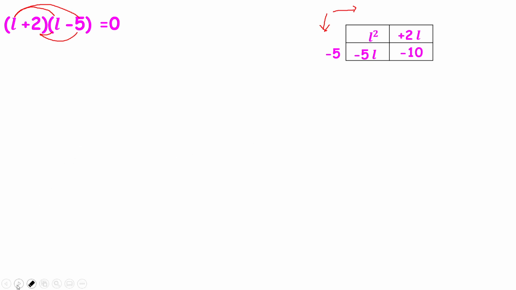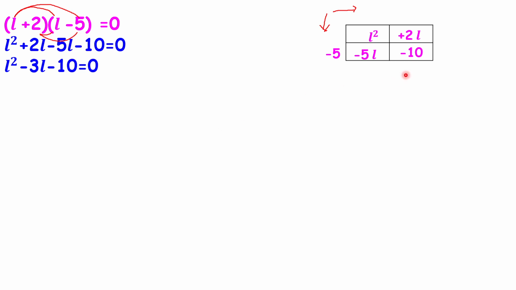Therefore L square plus 2L minus 5L minus 10 equal to 0. Plus 2L minus 5L, we have to simplify here. The 5 is greater than 2, therefore give the sign of 5, that means negative. 5 minus 2 is nothing but 3, therefore L square minus 3L minus 10 equal to 0.